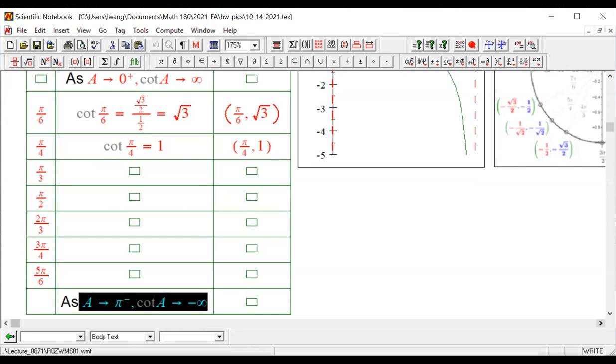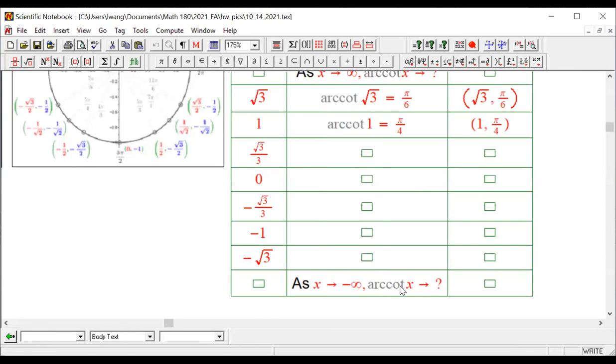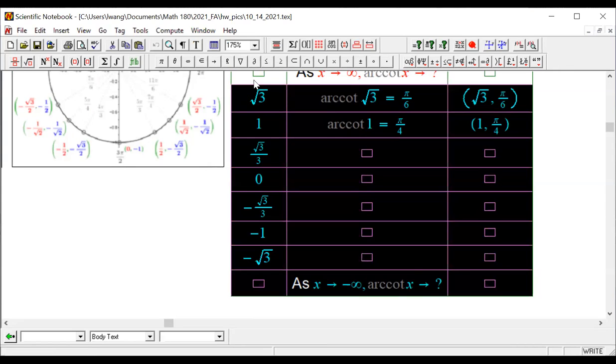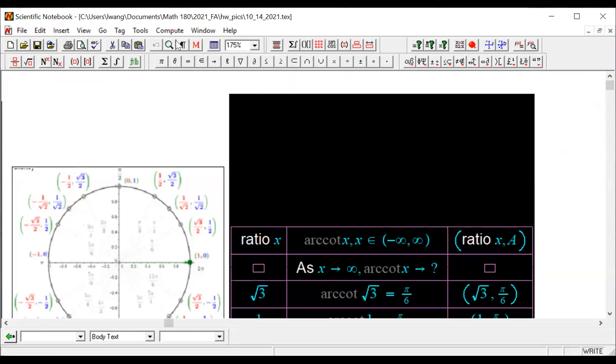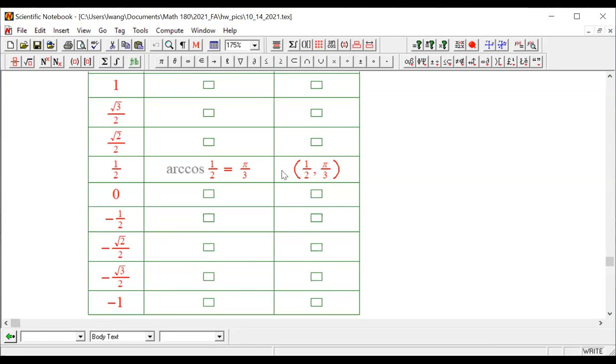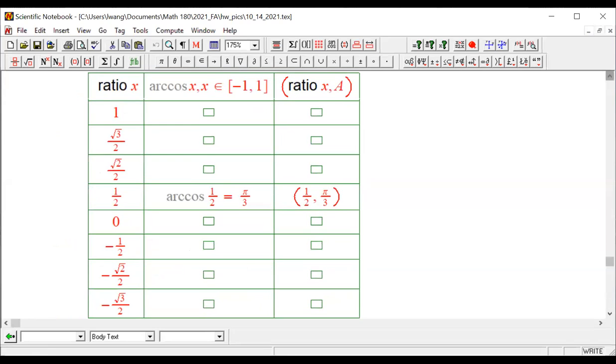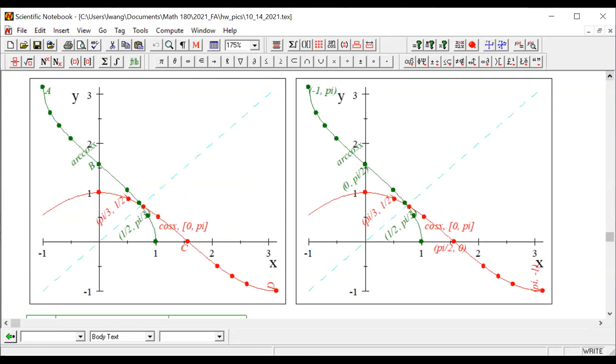On the other side, over here, let me move this table down below. The curve right here.